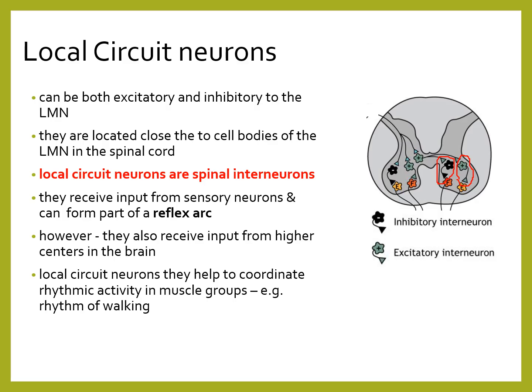One major function that local circuit neurons have is that they help coordinate rhythmic activity of multiple muscles. So they help coordinate the rhythmic activity that we find in muscle groups. A great example of that is local circuit neurons are involved in controlling the rhythm of walking.